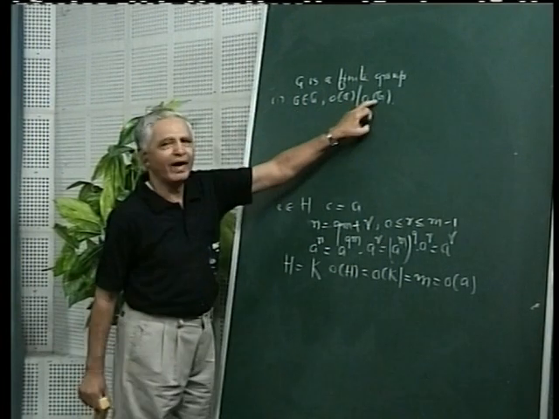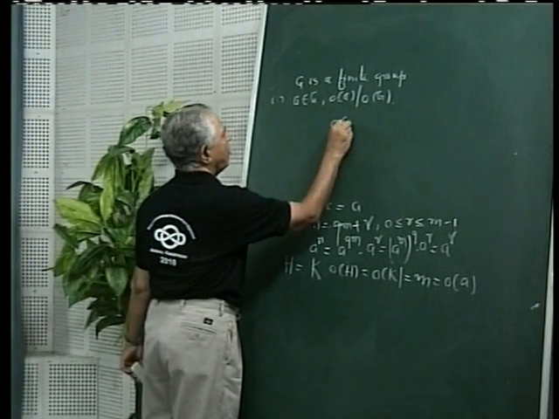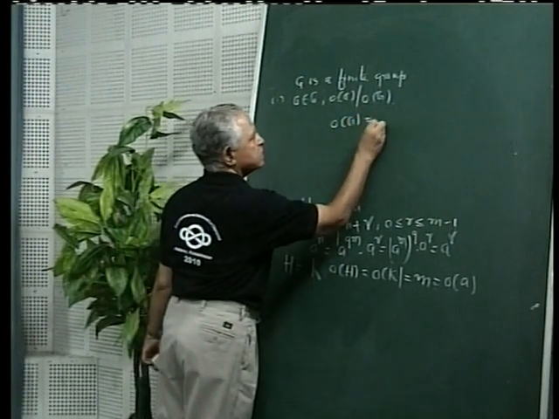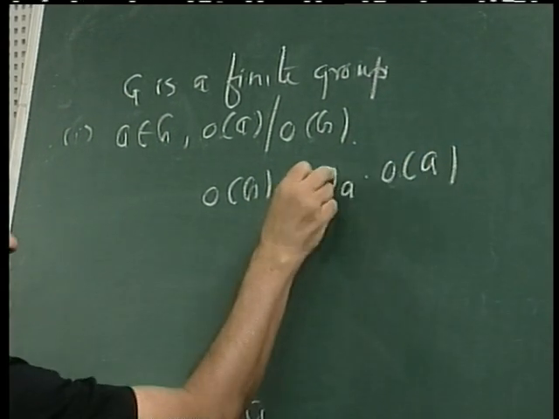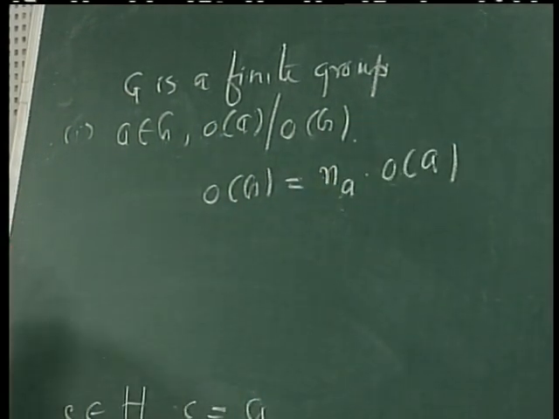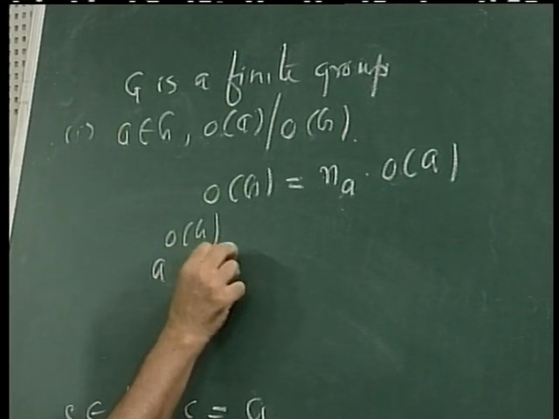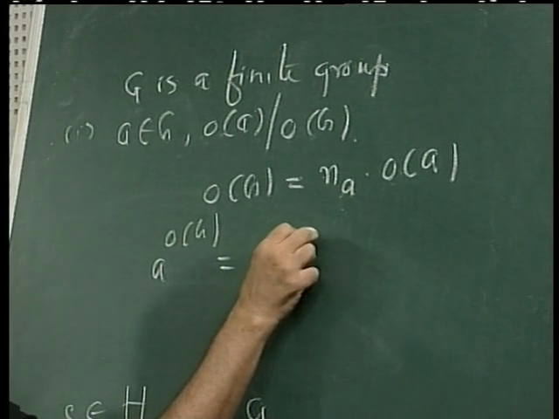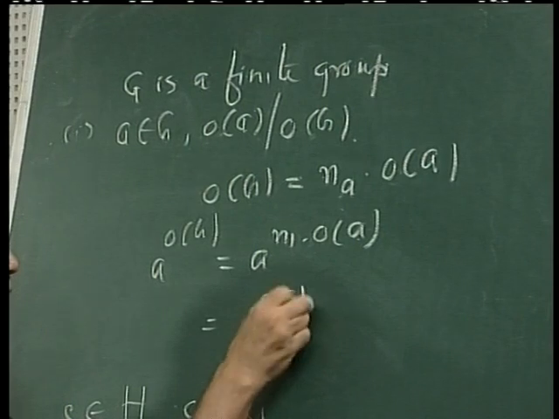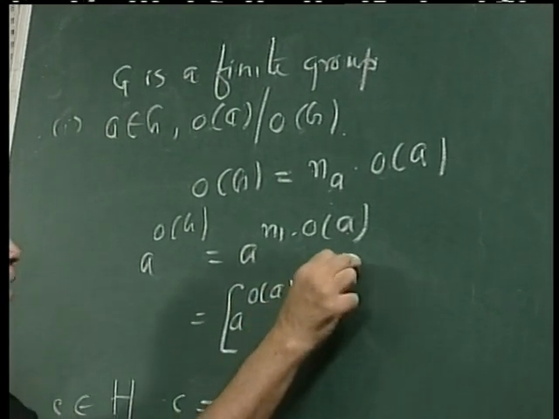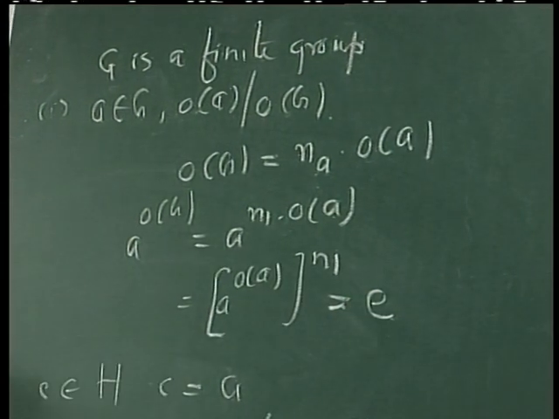Now order of A divides order of G, and that gives you that I can write order of G is equal to some integer NA into OA. This integer NA depends upon the element A. And that implies A raised to OG is equal to A raised to OA into NA, equal to A raised to OA, raised to N1, and this is equal to the identity element.